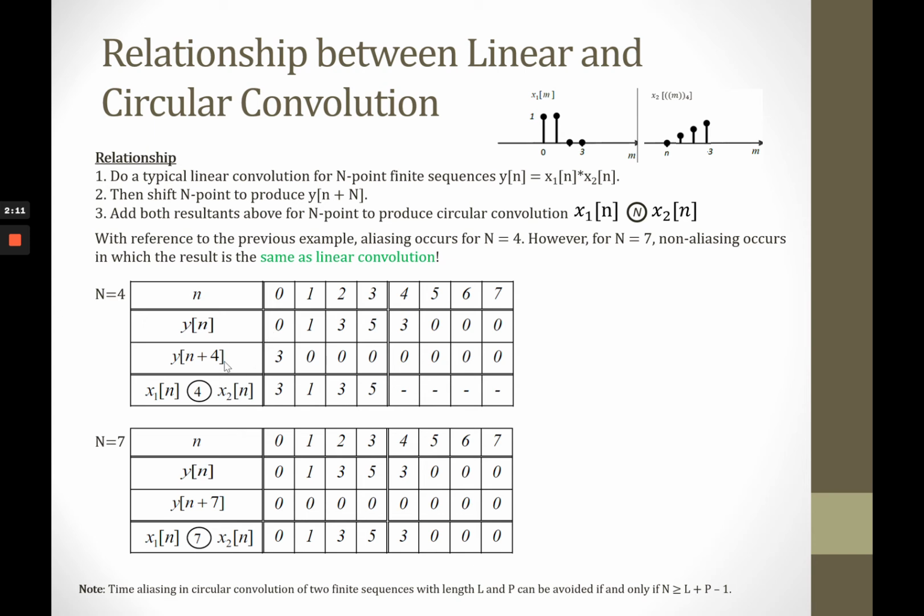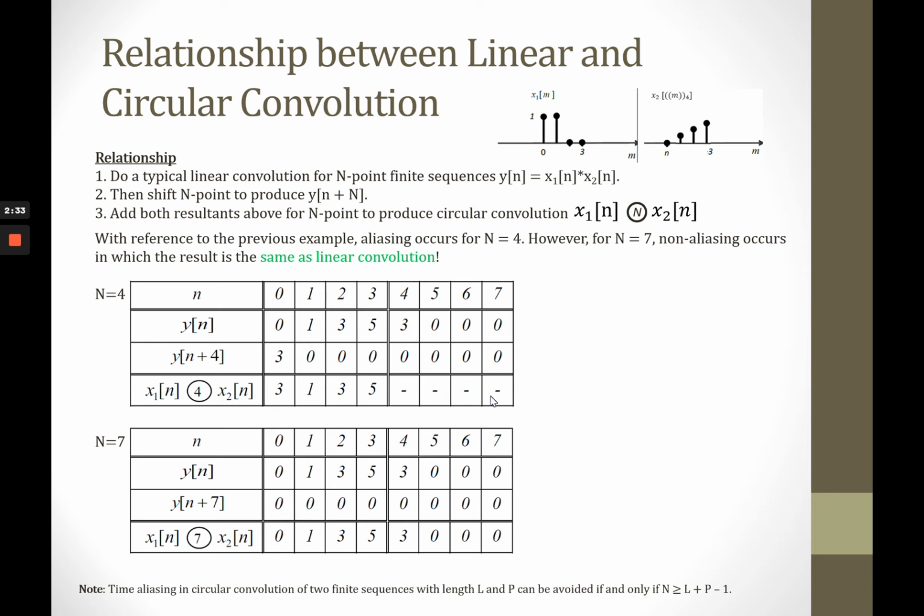So we add these two to produce this result: 3, 1, 3, 5. This is for only N equal to 4, from n equal to 0 until 3. The rest is no signal. Okay, not 0 but no signal.